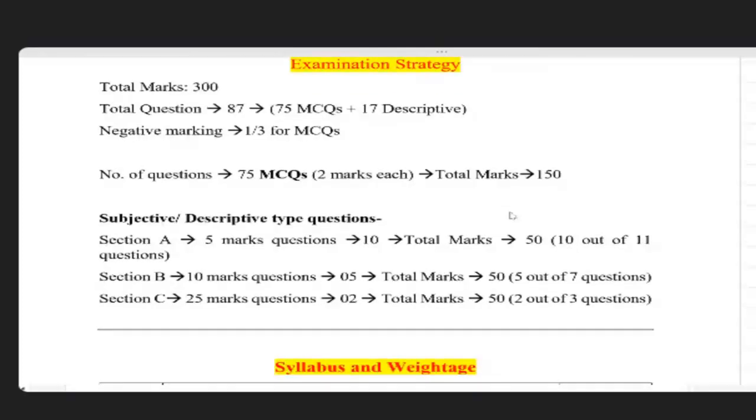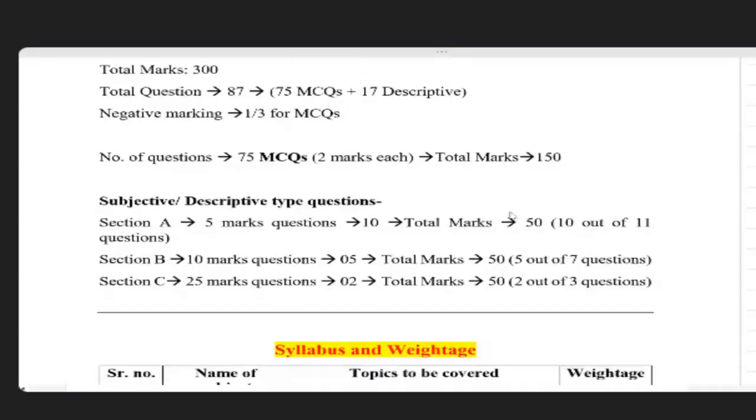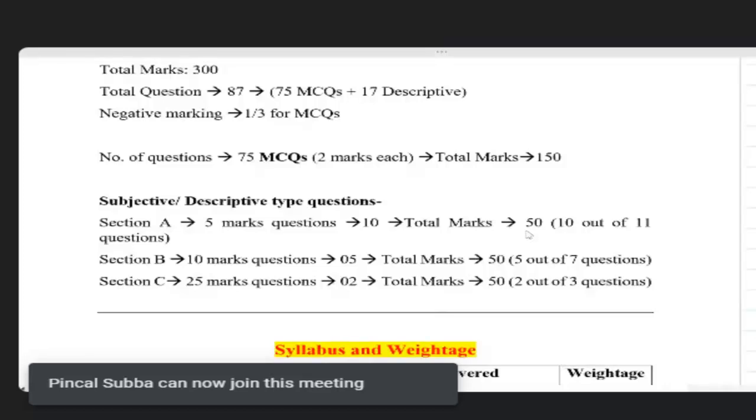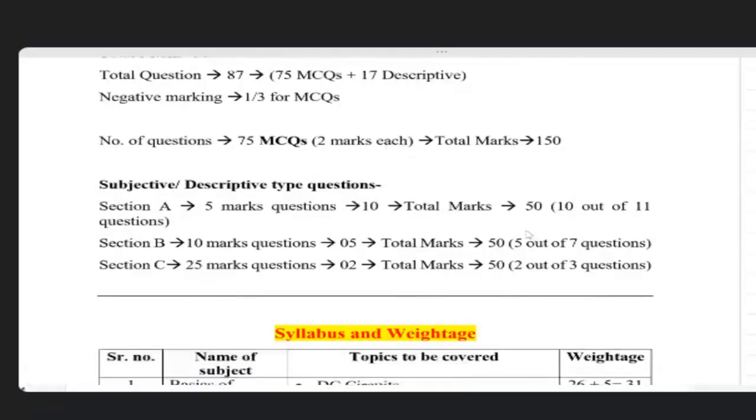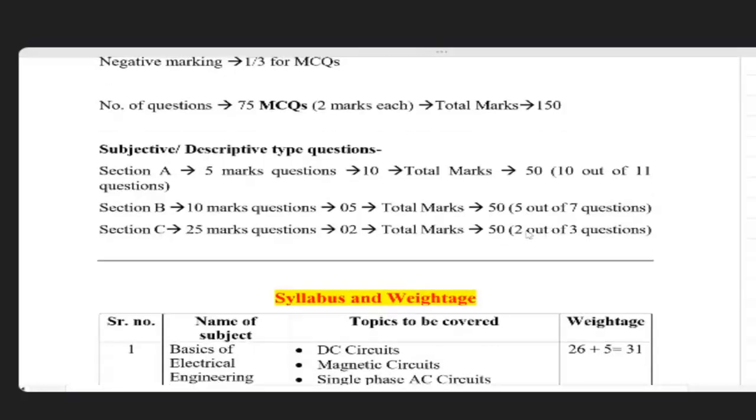Let's come to the second section, the descriptive type questions. They are divided into three subsections: Section A, Section B, Section C. Section A includes 5-mark questions, meaning there are 10 questions of 5 marks, total 50 marks, and there is an internal choice, meaning there are 11 questions and you have to attend only 10. Similarly, in Section B, there are 10-mark questions. The total number of questions to attempt is 5, so total marks are 50.